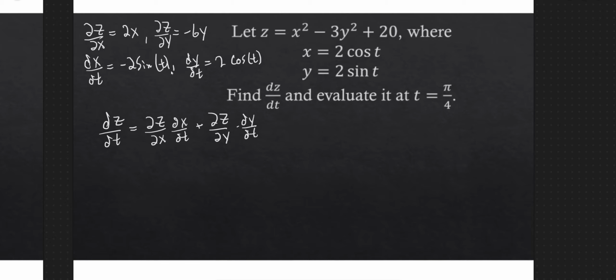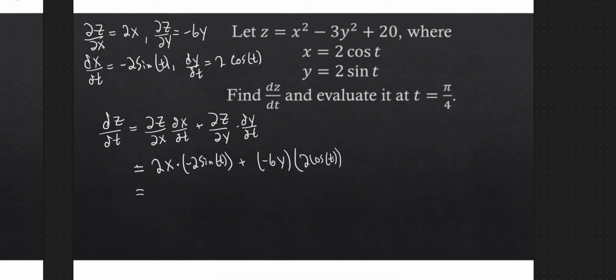Now I have all my parts, right? Everything in its place. I can put them together according to this chain rule. So that'll be 2x times dx/dt, which is minus 2 sine of t, plus partial z partial y, so that's minus 6y times dy/dt, that's 2 cosine of t.